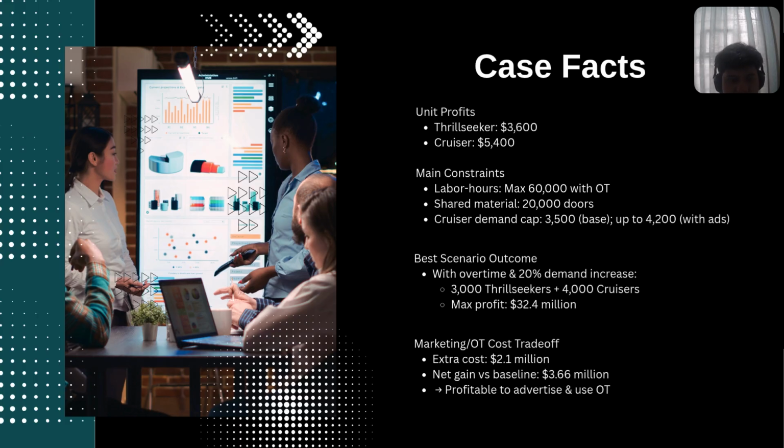That setup lets us produce 3,000 Thrill Seekers and 4,000 Cruisers, leading to a maximum profit of $32.4 million. Factoring in the extra costs for marketing and overtime, about $2.1 million, we still come out ahead with a net gain of around $3.66 million compared to the base case. Overall, using overtime and boosting demand through ads is clearly the most profitable strategy.